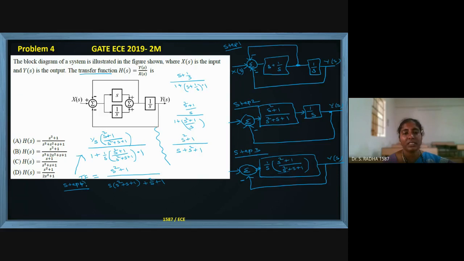So if I further simplify this, (S square plus 1) divided by (S cube plus S square plus S square plus 1). On further simplification, S cube plus 2S square plus S plus 1. Option B, we have that answer.